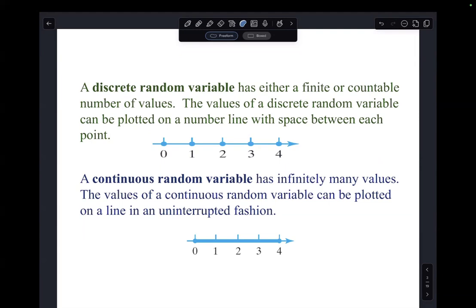It's just one thing I randomly chose off the top of my head. Continuous can take on an infinite number of values, anything in between two points. Generally, if I graph it, I don't have to lift my pencil. If I graph a discrete one, I have to lift my pencil because it's only countable numbers.